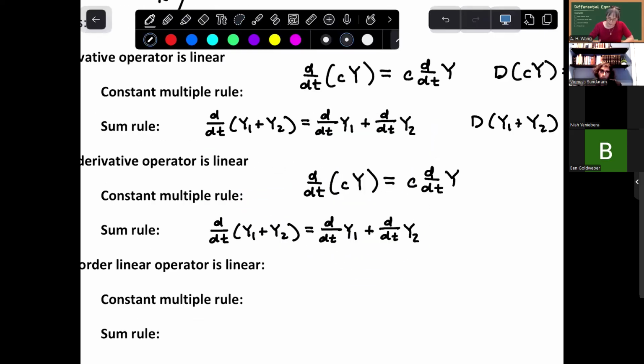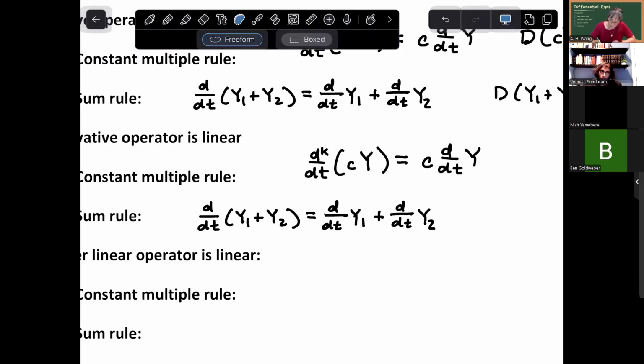So let me just quickly stick it in. So this is if you take the kth order derivative, right? So if you take the derivative k times, what happens is that you can scale and then take the kth order derivative, or you take the kth order derivative and then scale. Or over here, you can add two functions and then take the derivative k times, or you can take the derivative k times and then add.